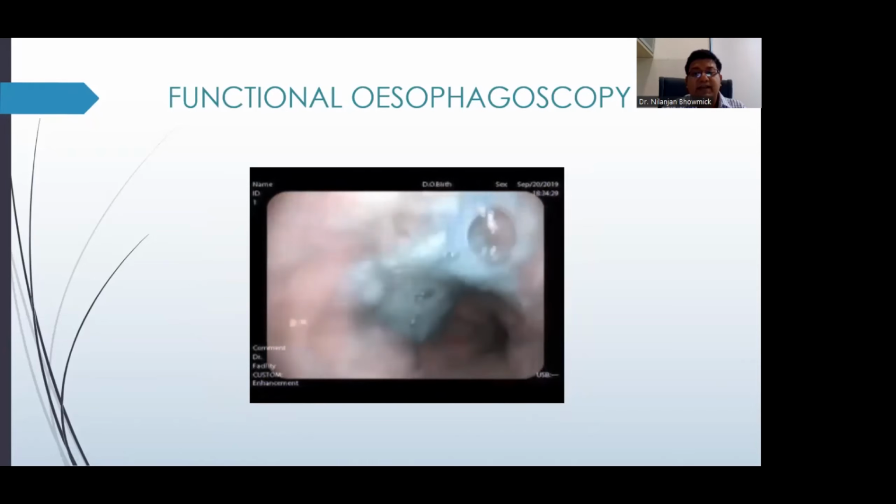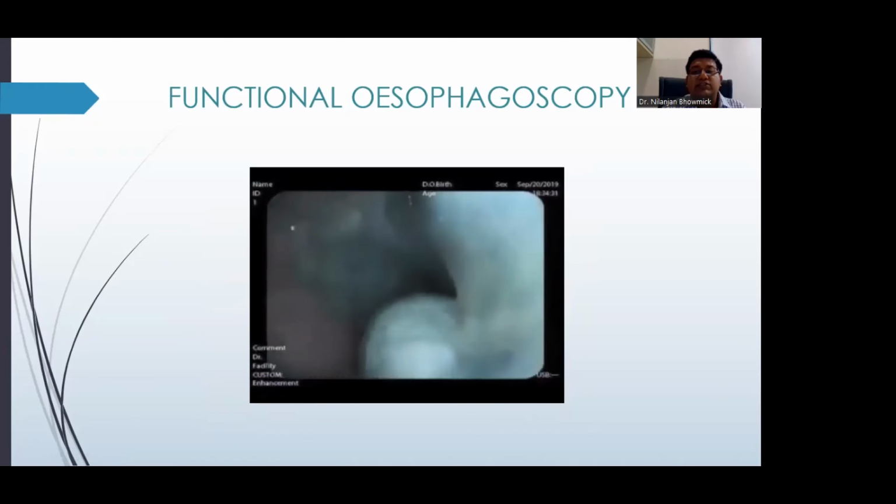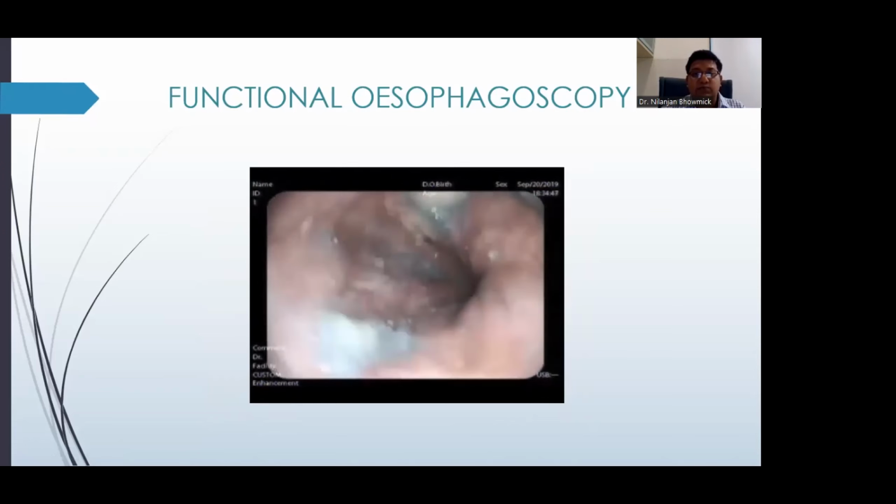This gives us a fair idea about the esophageal transit of food, whether there is stasis of food or there's a holdup anywhere, and whether there are any motility disorders involving the esophagus. This is again something worth exploring.